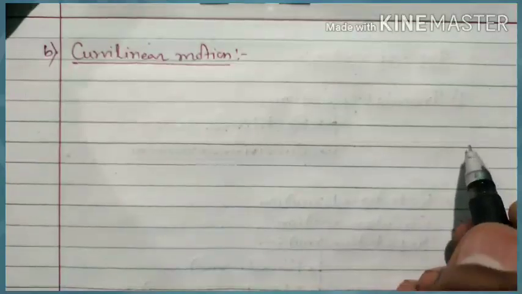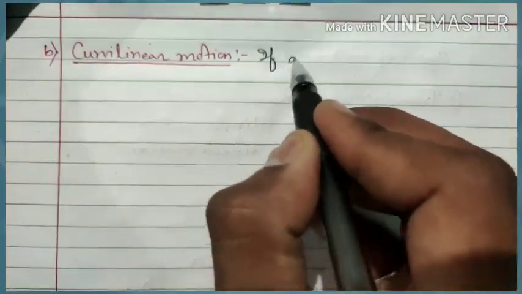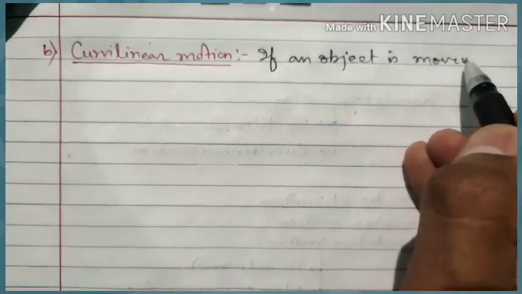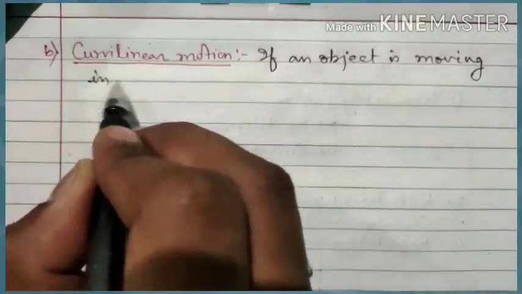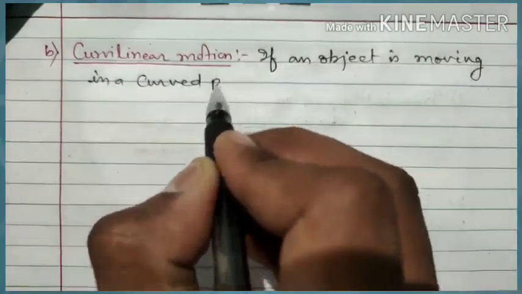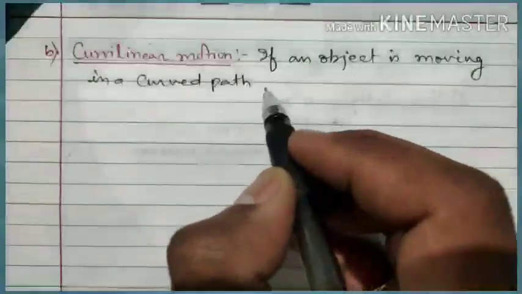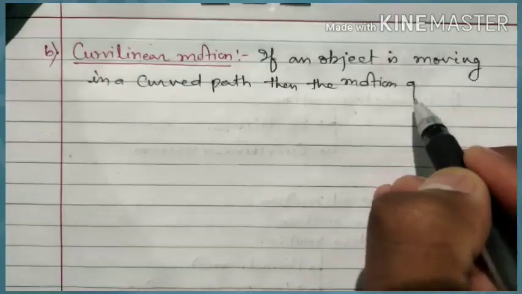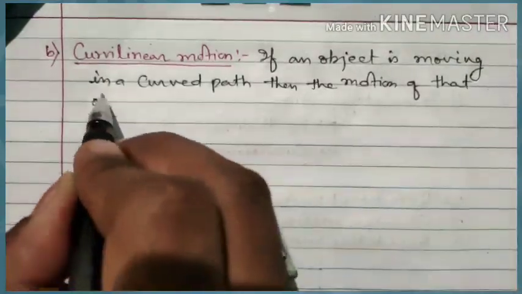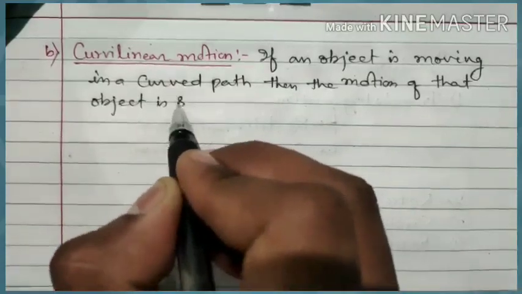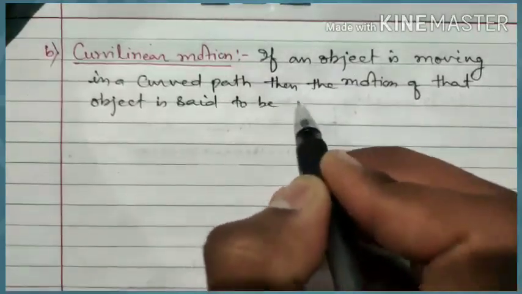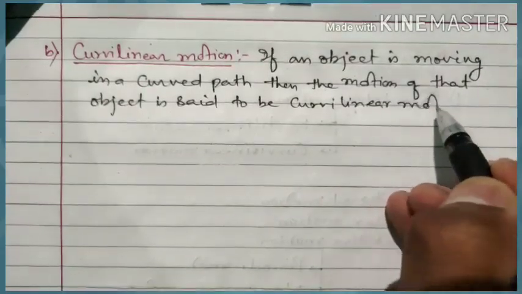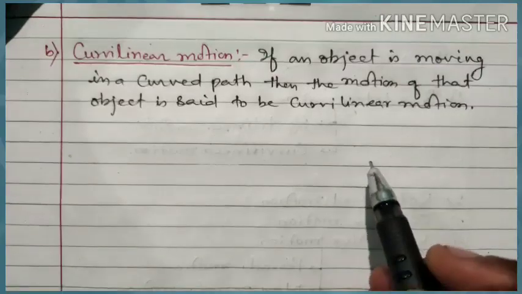Or let us see by a statement: if an object is moving in a curved path, then the motion of that object is said to be curvilinear motion.